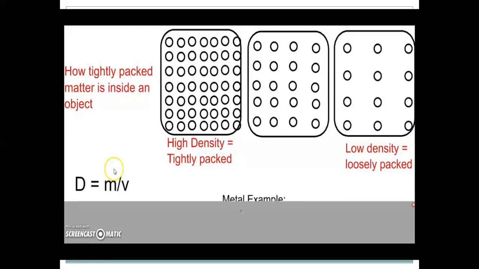So the relationship between density and expansion is: density decreases when expansion increases, and density increases when contraction increases. This is the relationship between density and thermal expansion, thermal contraction. Thank you.